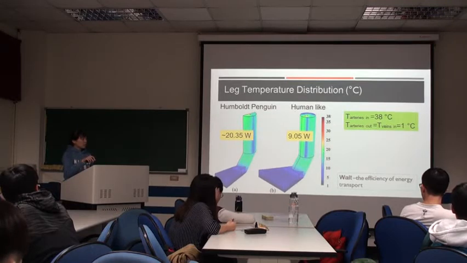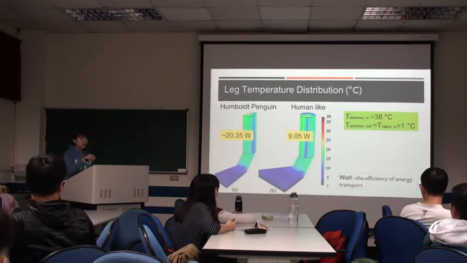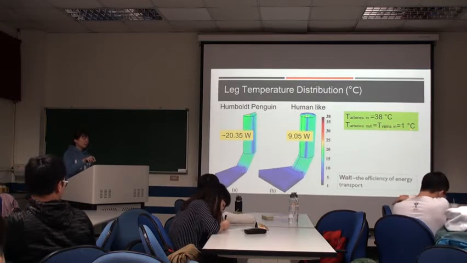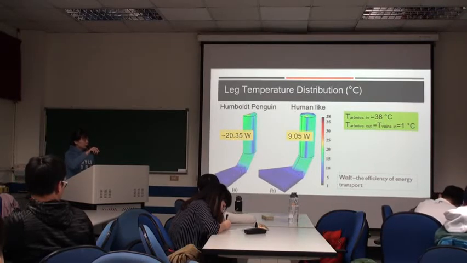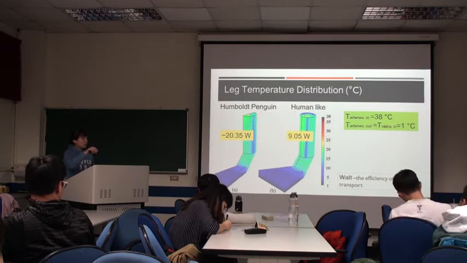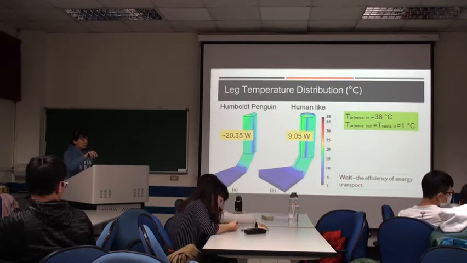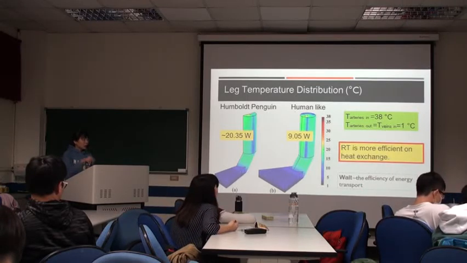In the condition where the blood temperature flowing into the arteries is 38 degrees Celsius, and it becomes 1 degree Celsius after it flows into the veins, the penguin leg model retains 20.35 watts with the RT, while the human-like leg only 9.05 watts. The watt means the efficiency of energy transport. So the RT is more efficient on heat exchange.